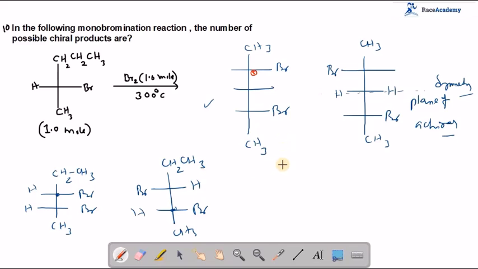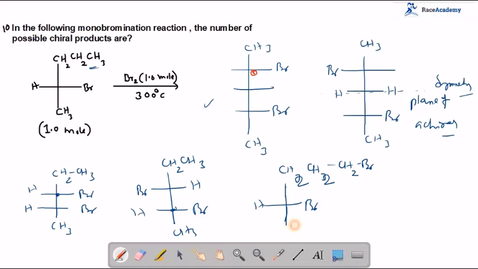Likewise, we can write the carbon chain with CH3 on top. In the carbon chain, if you write one more, it will become CH2Br. CH2Br. And the rest of the other portion will be a chiral carbon with the bromine.